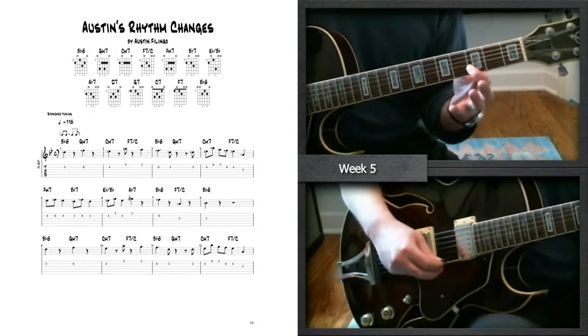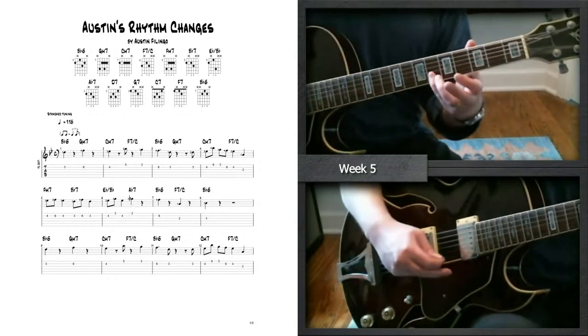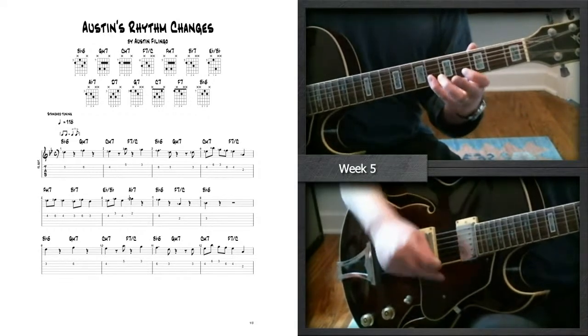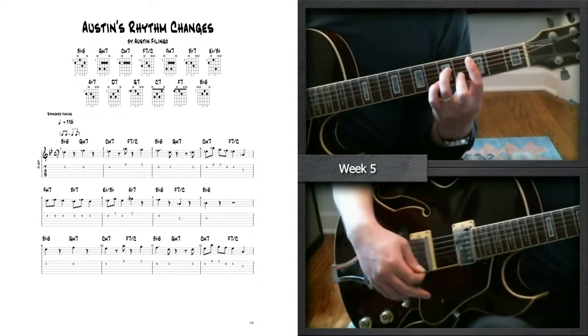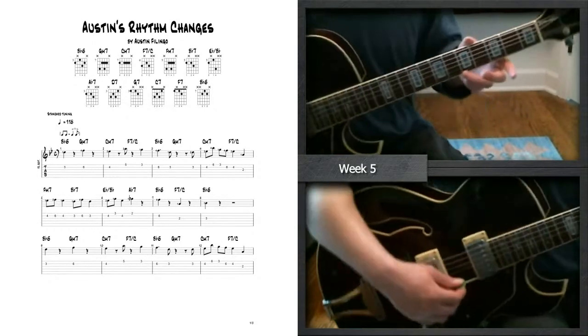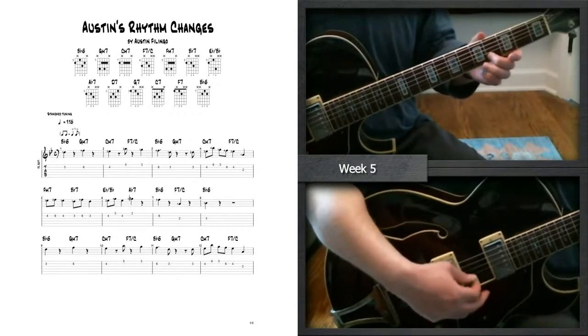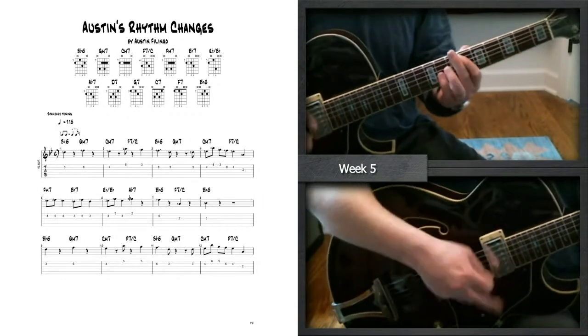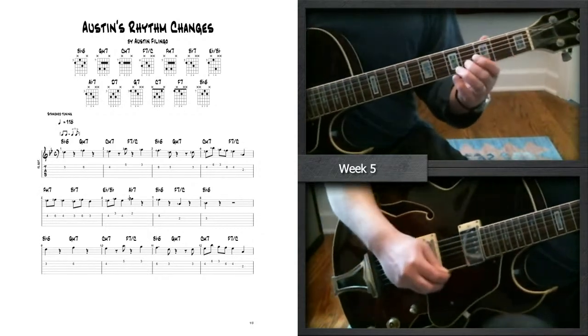So 1, 2, G minor: third of the B flat chord, flat 7 of the G minor chord, minor third of the C minor, and then you get that cool leap. Kind of like a metal sound almost.